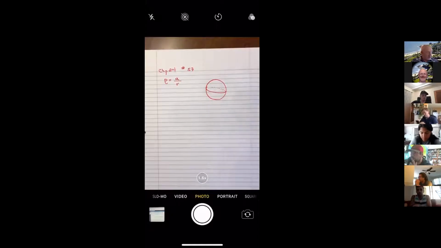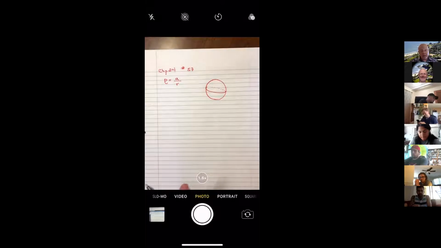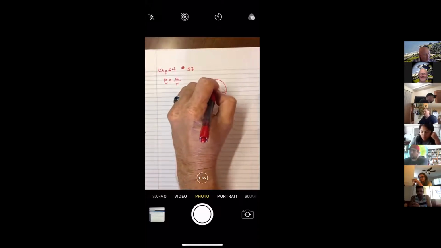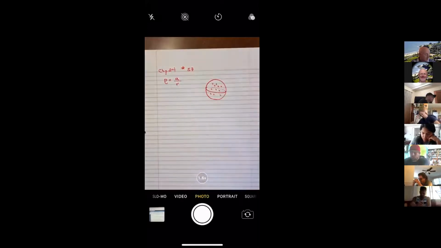But the real key is to realize that this must be an insulator. We know it can't be a conductor because they said there is a charge density to it. It's got charges spread out throughout the ball.